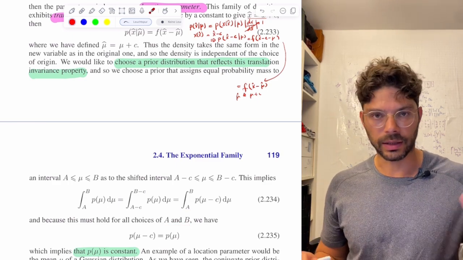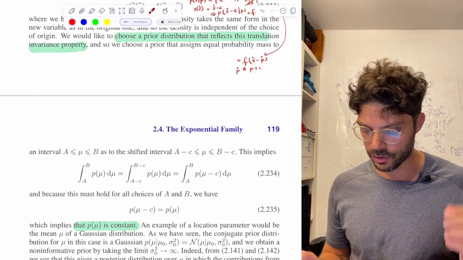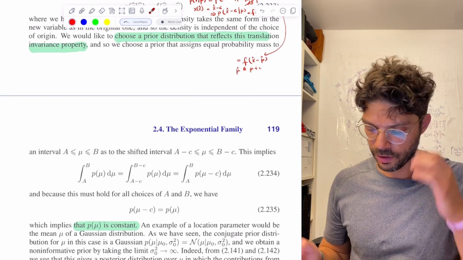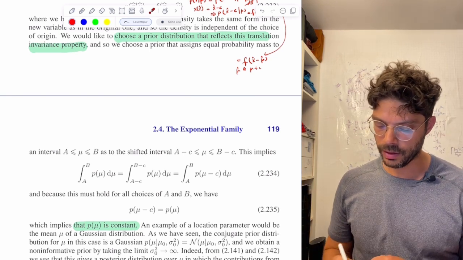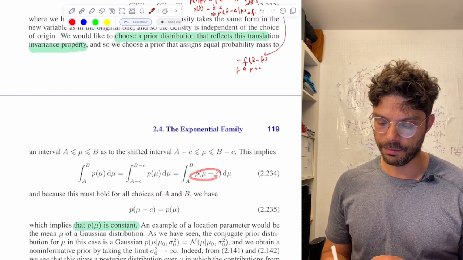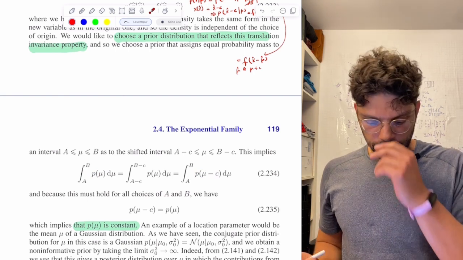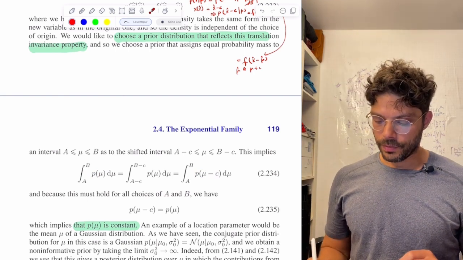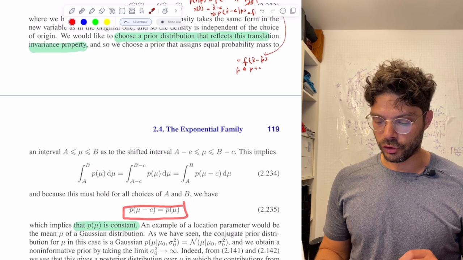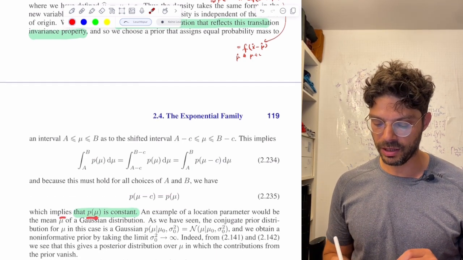I expect there's a theorem in analysis that says that if this is the case, it's quite natural. Sometimes there are weird counterexamples, but anyway, because this must hold for all choices of a and b, for any interval, the actual terms being integrated have to be the same, which implies that p of mu is constant.